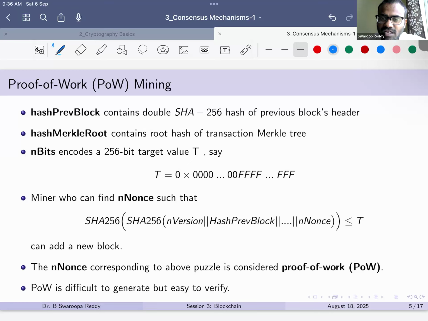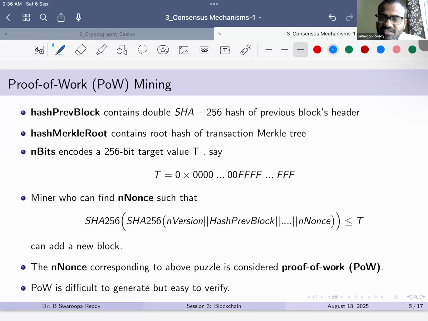Next value is 4. So he will repetitively compute this function by changing the n nonce value, so that the double hash satisfies the condition of being less than this target value t. He will work on this computational problem until he satisfies this condition.